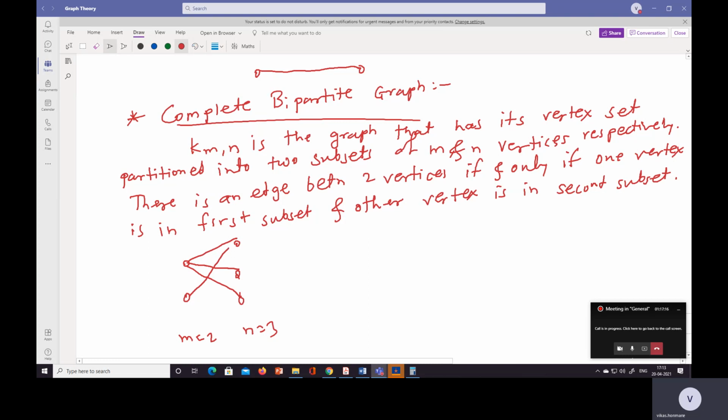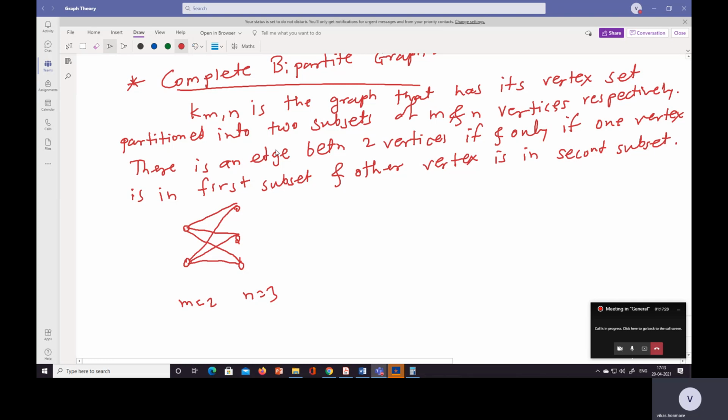So here also we have, okay, this is called K_{2,3}, K2 comma 3. Similarly, we have 3.